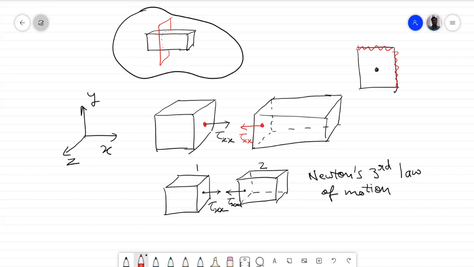So a complete description of stress can be given by specifying stress components on 3 positive or 3 negative faces. So in 2 dimensions you have these 1, 2, 3 and 4 components of stress.